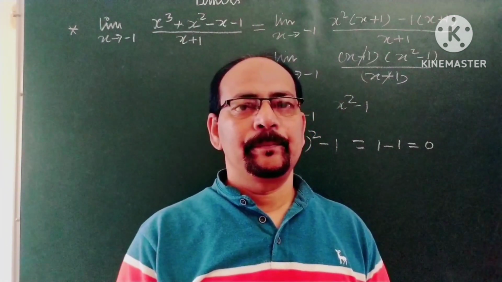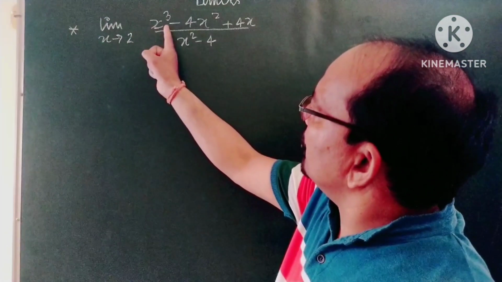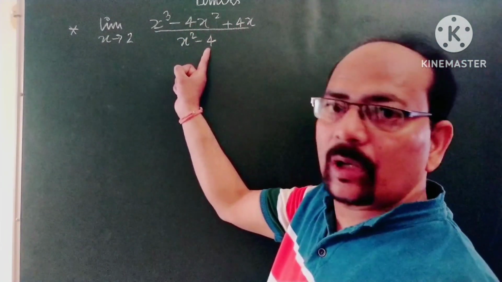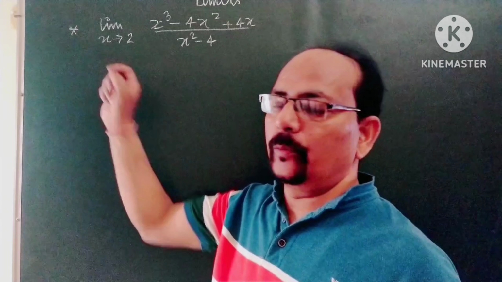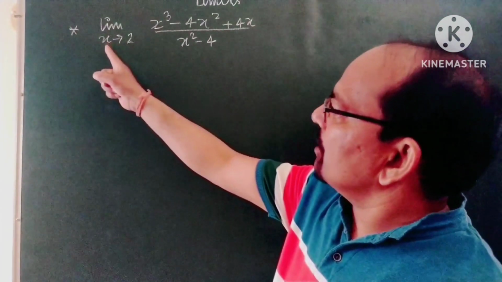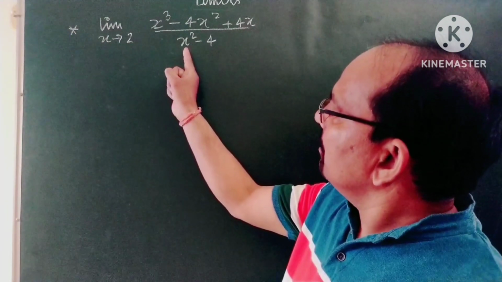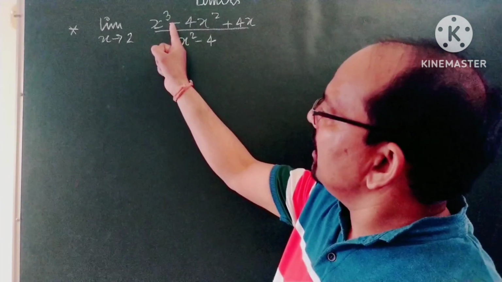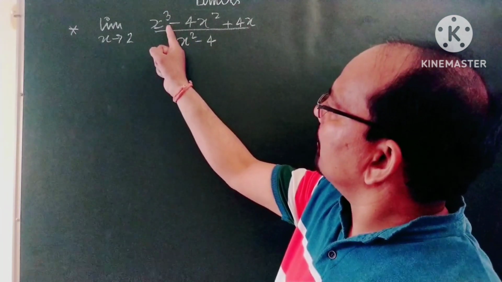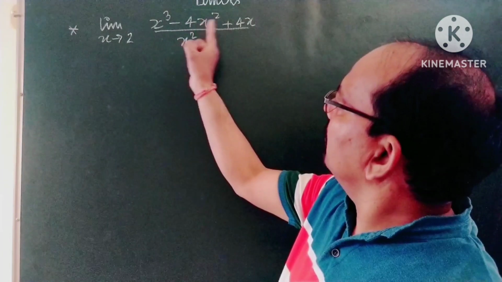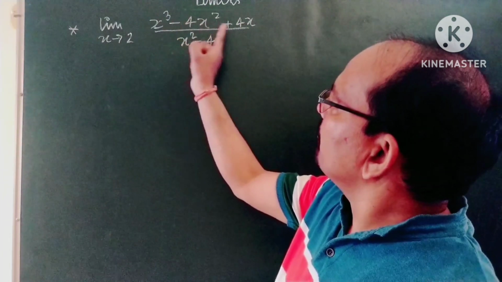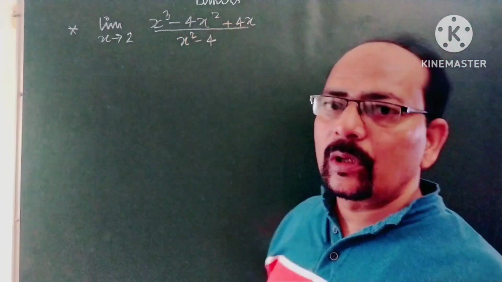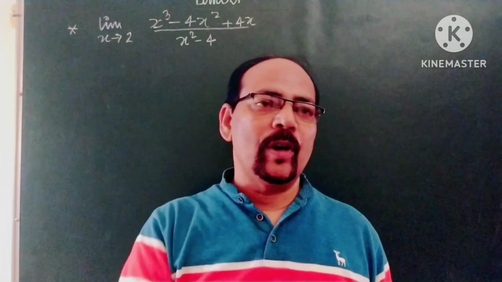The next question is: find the limit of (x cube minus 4x square plus 4x) upon (x square minus 4) as x tends to 2. Check here, if x equal to 2, then 2 square minus 4 is 0 in the denominator, and in the numerator 8 minus 16 plus 8 will be 0, therefore it will be 0 by 0 form.